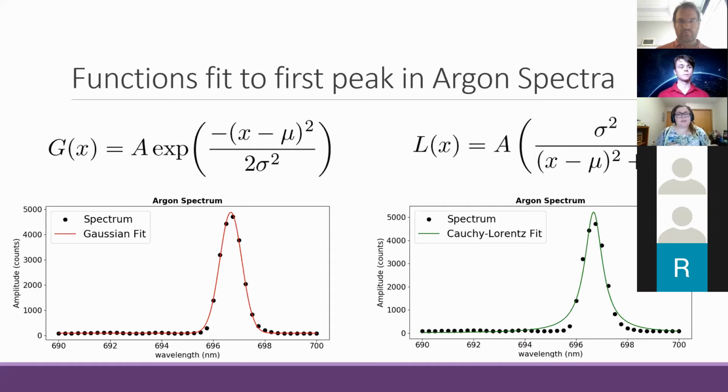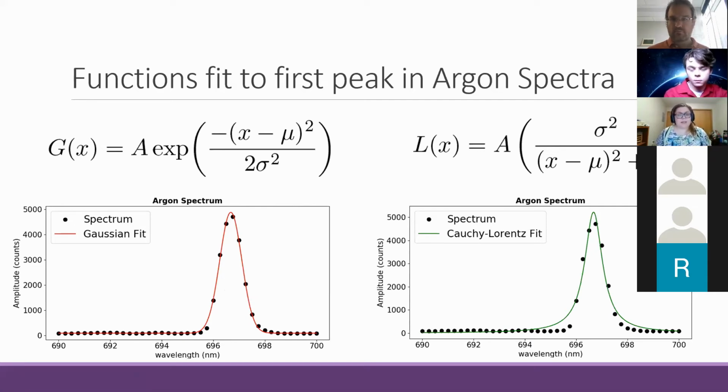So as you can see, the Gaussian function on the right, the parameters in the equations are A is the amplitude of the wave or of the peak, X is the wavelength, mu is the center of the peak, and then sigma is the distance from the center of the peak.